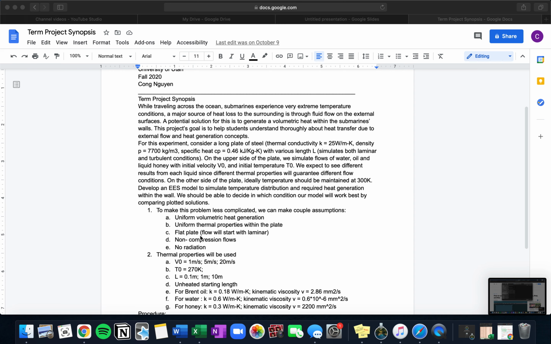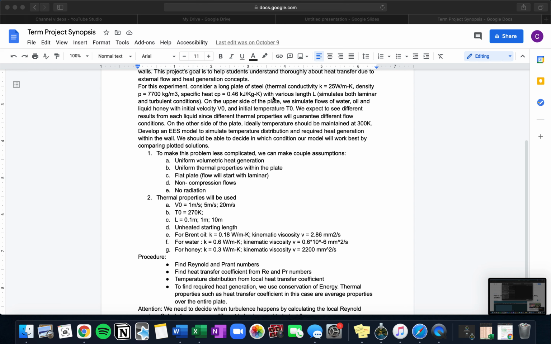We will have a couple of thermal properties that we use in this simulation. We have thermal conductivity of steel, density and specific heat of steel, as well as several thermal properties of the flow, free stream velocity, and free stream temperature.